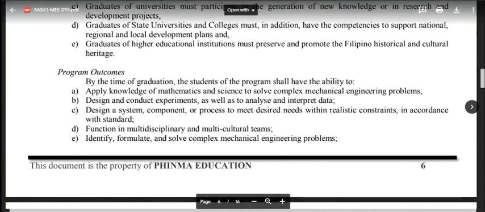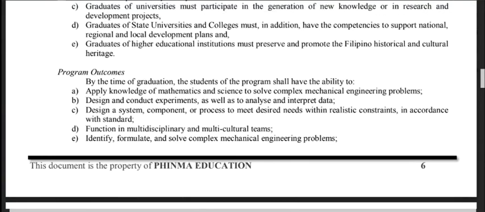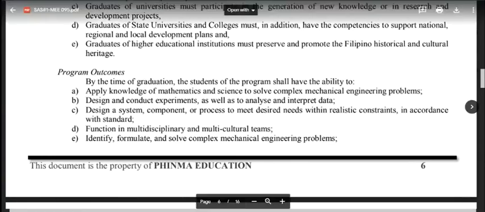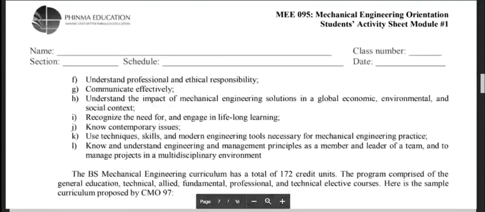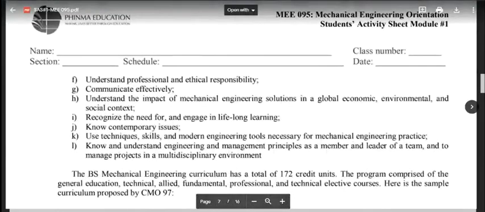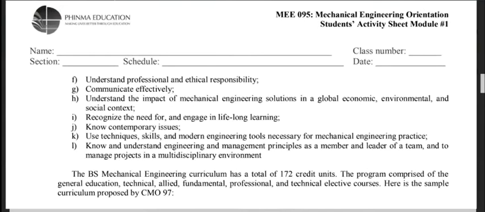Number three, design a system, component, or process to meet desired needs within realistic constraints in accordance with a standard. Number four, function in multidisciplinary and multicultural teams. Number five, identify, formulate, and solve complex mechanical engineering problems. Number six, understand professional and ethical responsibility.